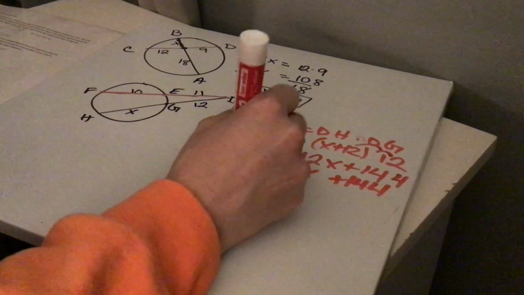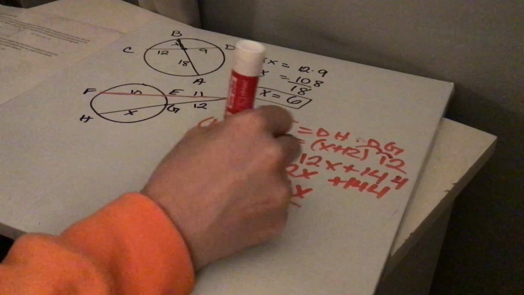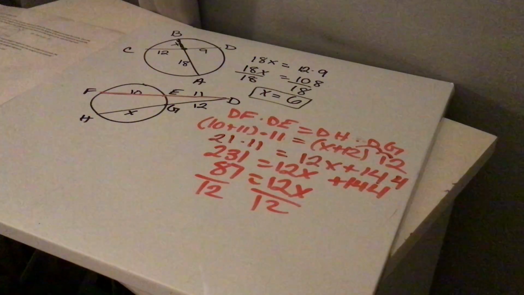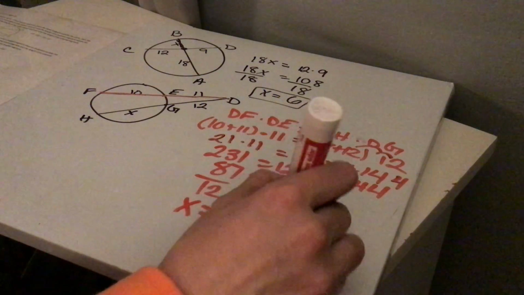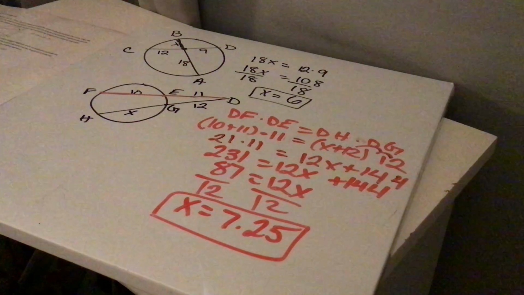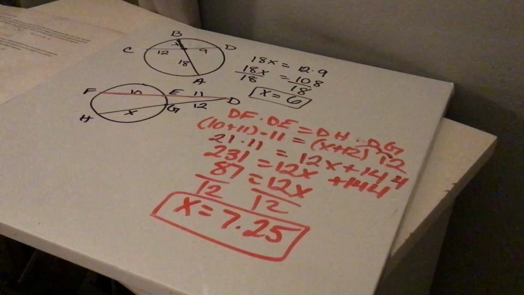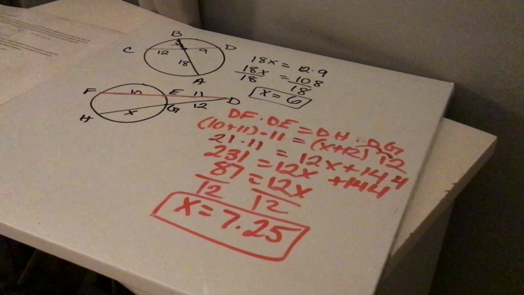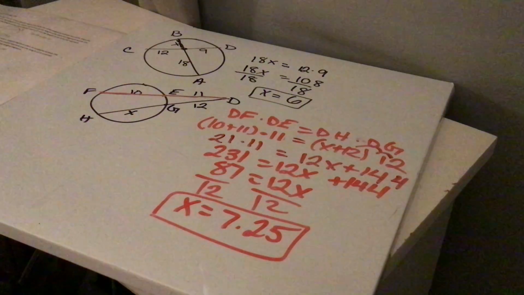So 87 equals 12x, and divide by 12. And we get x is 7.25, or 7¼, okay? So when it's 2 secants, it's the whole thing times the external equals the whole thing times the external.